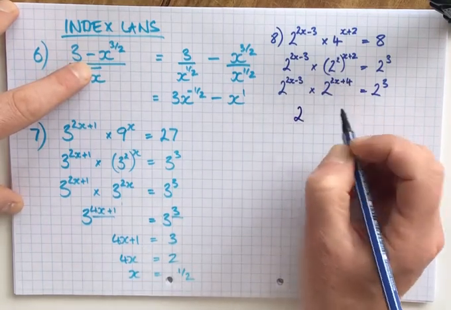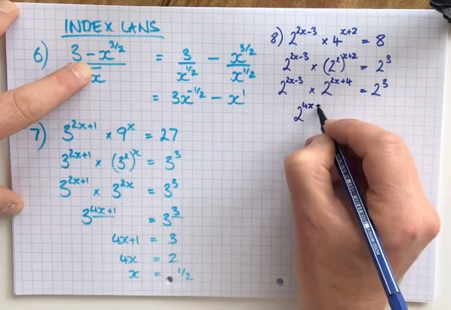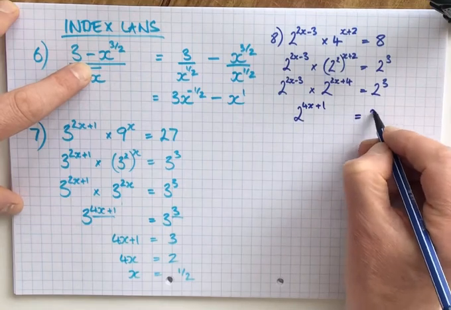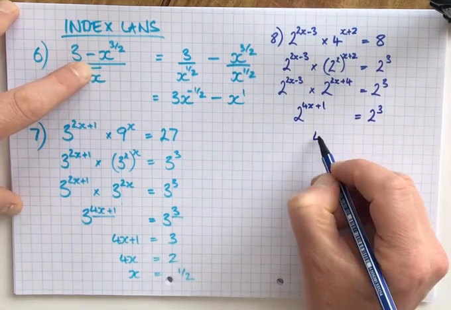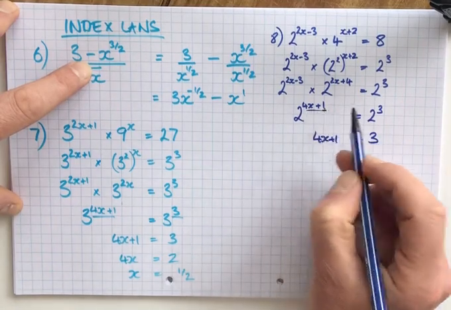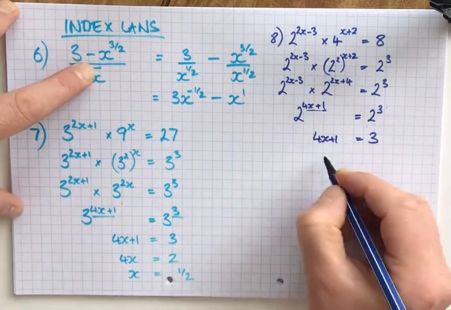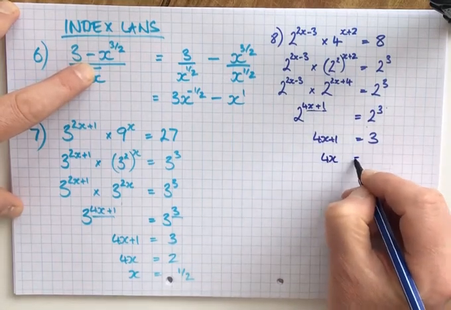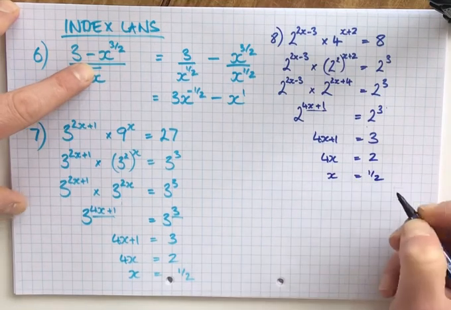So I've got 2 to the power 4x plus 1 equals 2 to the power 3. So therefore, 4x plus 1 has to be 3. If 2 to the power of this is the same as 2 to the power of that, then this and that have to be the same. So 4x equals 2, once again x is a half.